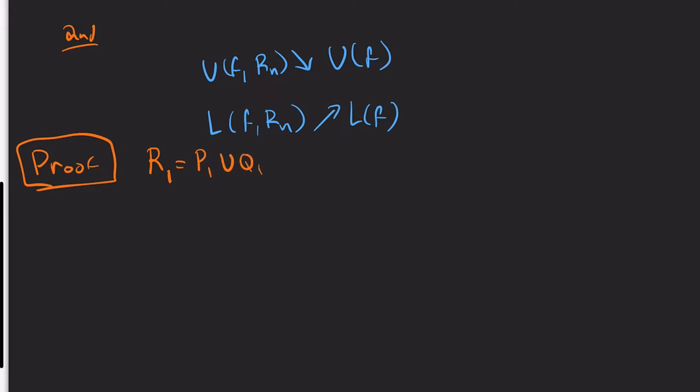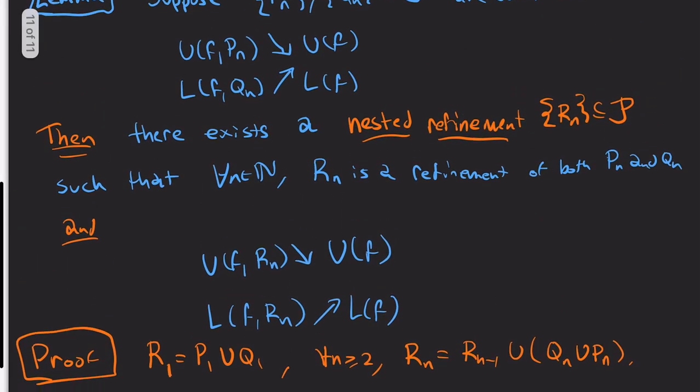First I'm going to say R1 is P1 union Q1, and then for all n greater than or equal to 2, I'm going to say Rn is Rn minus 1, which is now defined, union Qn union Pn. And that's the construction.